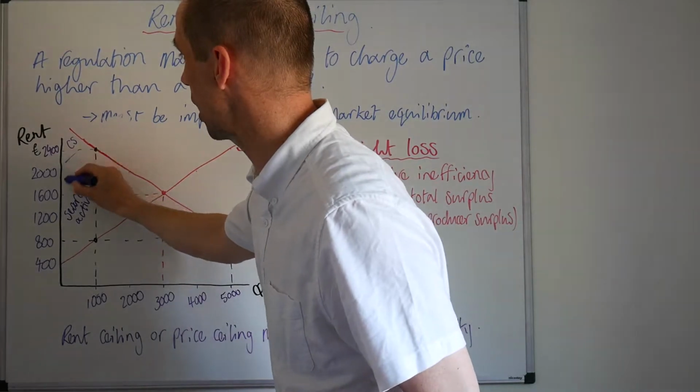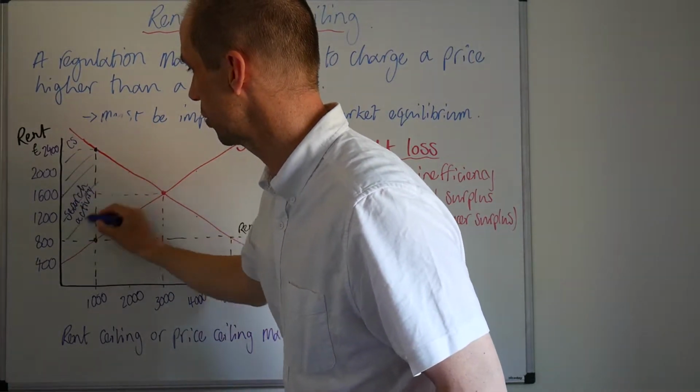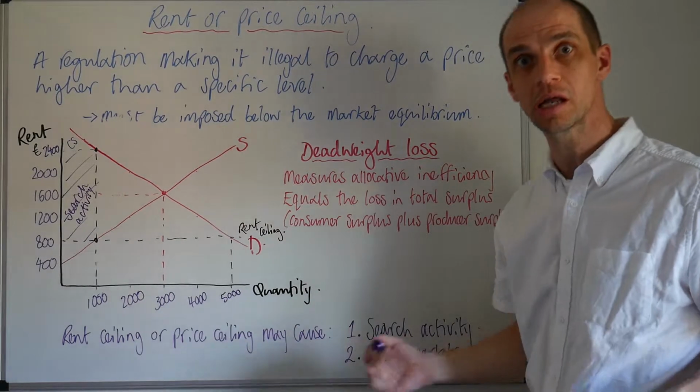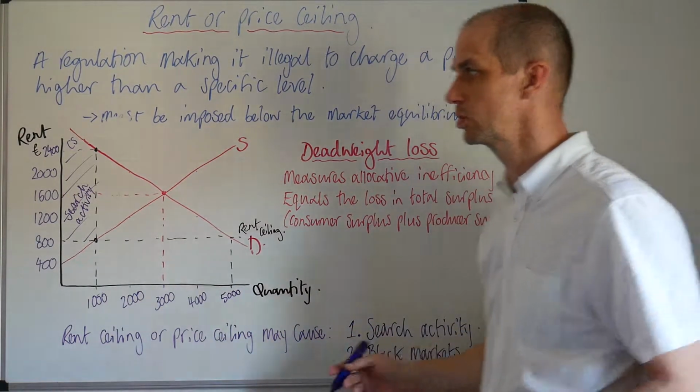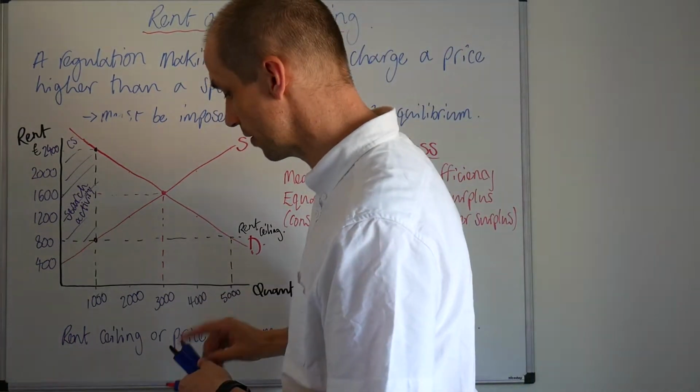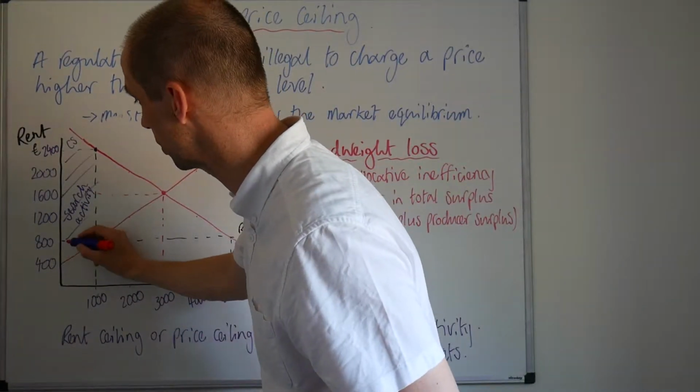So that would be the whole of this area here, okay, which could be potentially consumer surplus if that search activity isn't too exhausting. Okay, we can also see, of course, an area of producer surplus down here.